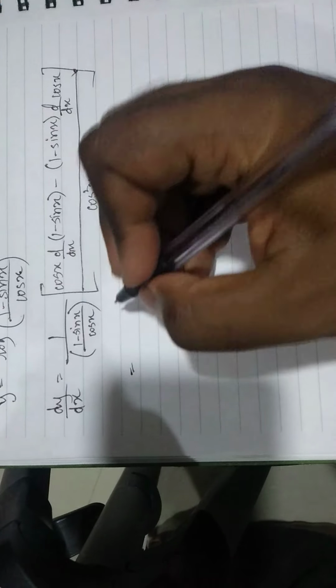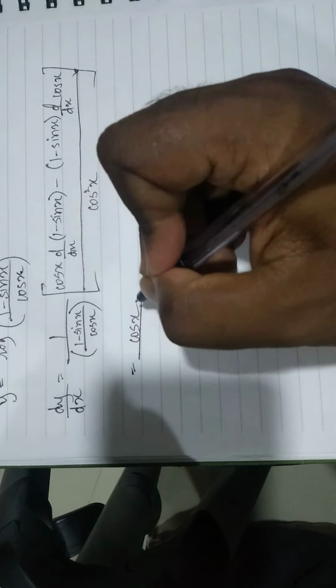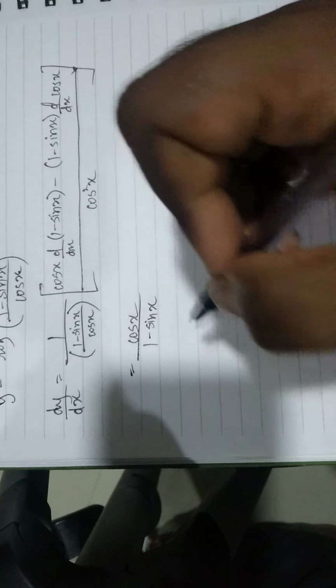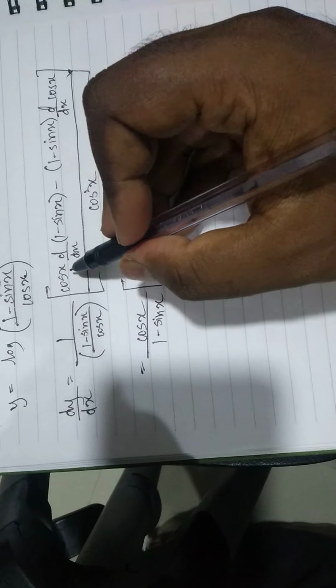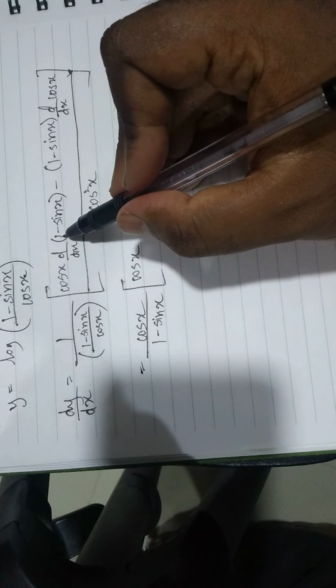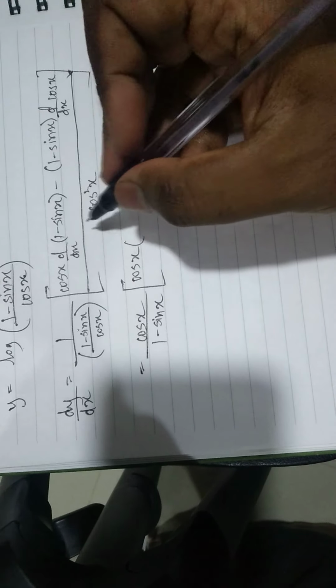Now the denominator of the denominator goes up, so this will be cos x upon 1 minus sin x. Now the derivative of 1 is 0, correct, and the derivative of sin x is cos x with the minus sign.